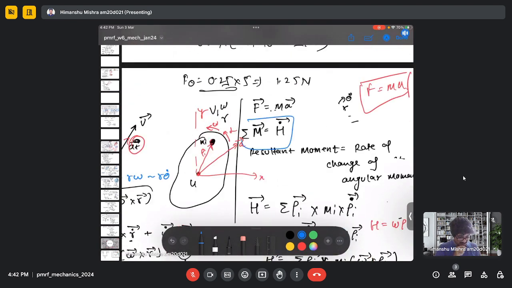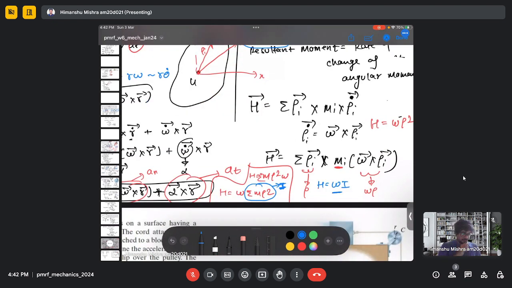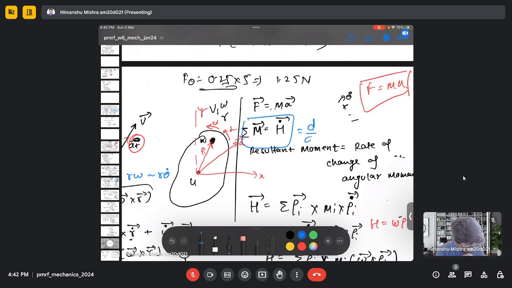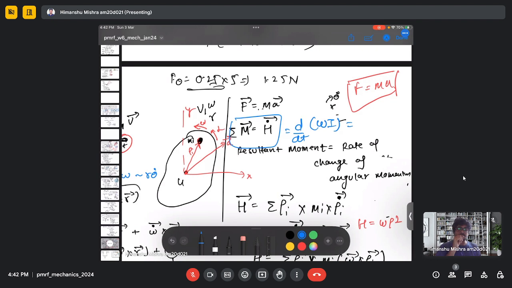And here you can see that the net moment is the rate of change of angular momentum, and angular momentum is angular velocity multiplied by rotational inertia. So it is d by dt of I omega. If I fix the rotational moment of inertia in time, I will get I omega dot, or I can write this as I alpha, because omega dot is the angular acceleration. So omega dot can be written as alpha. So this I alpha is the summation of all moments.